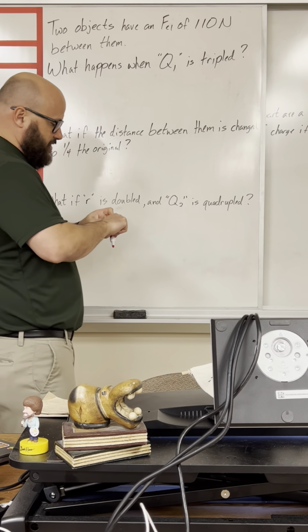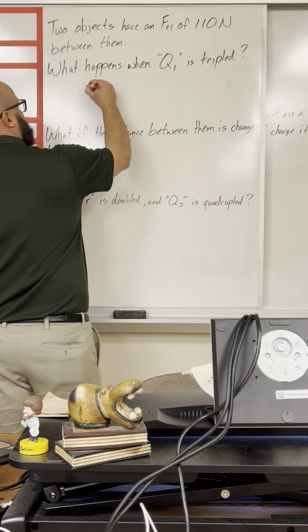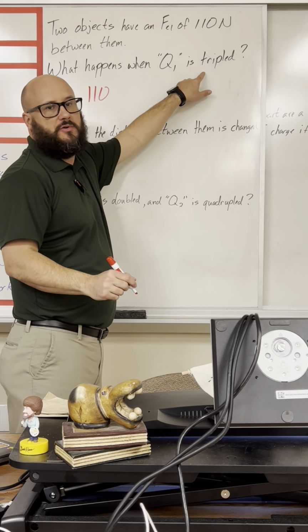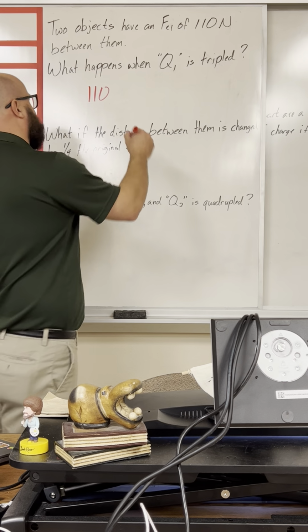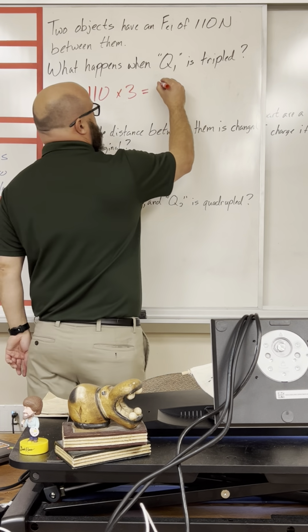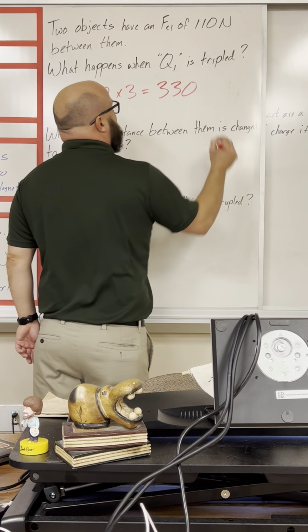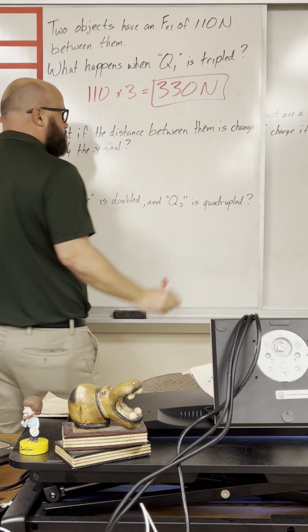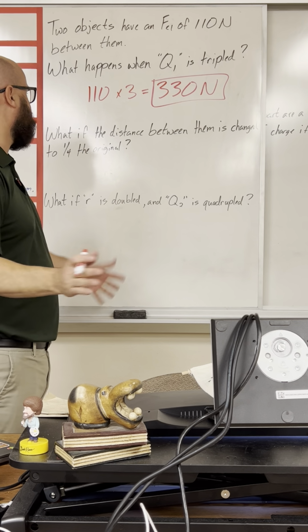So we're going to take our original force, 110. If Q1 gets tripled and Q2 remains the same, that's going to increase our force by 3 times, and our new electrical force is going to be 330 newtons. Okay, so charge is easy.